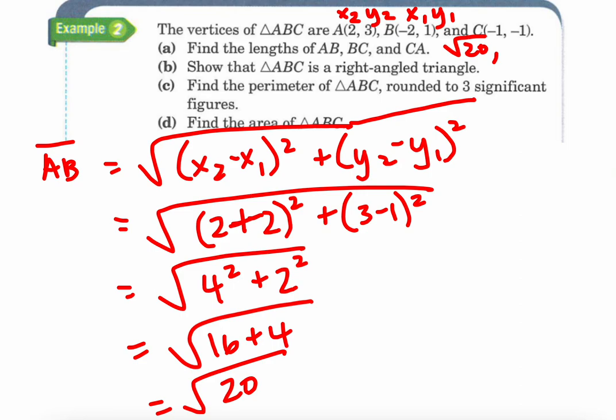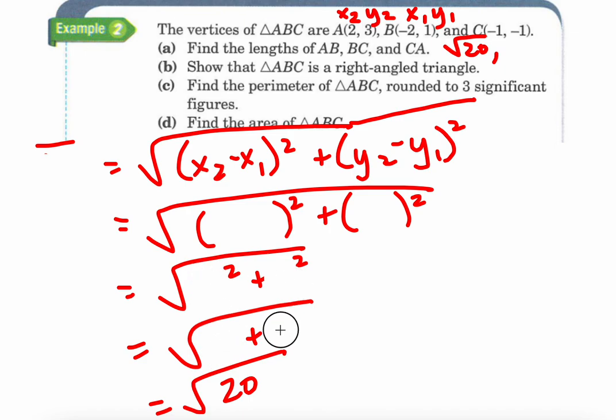Okay, I need to find now BC. So let me erase so that I can utilize this space again. And I'm just looking at B to C now. So let me call this x2, y2.